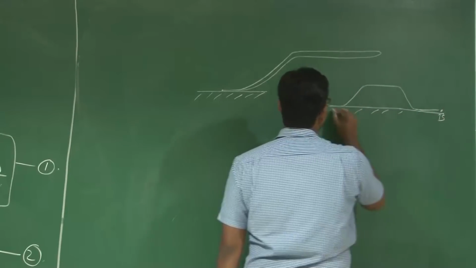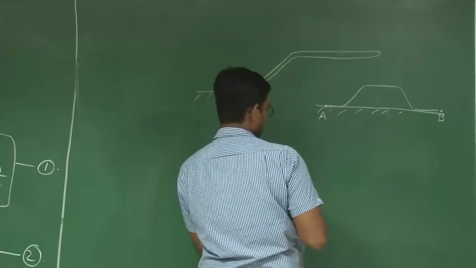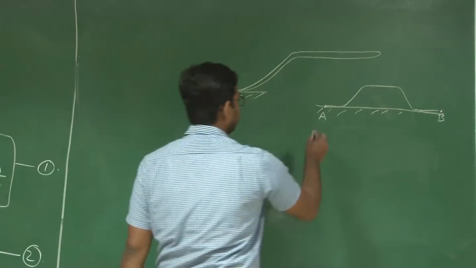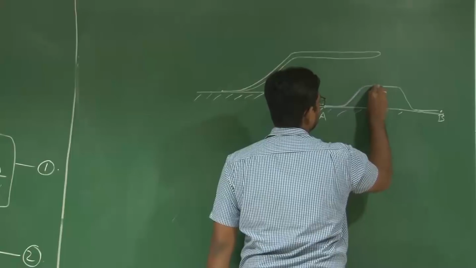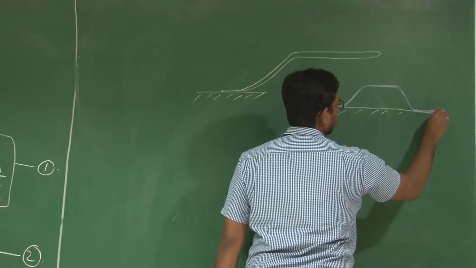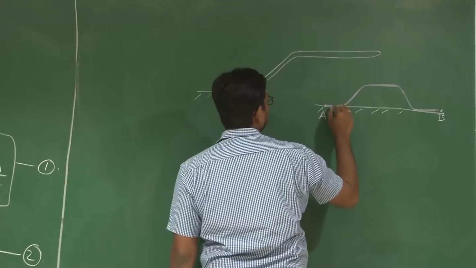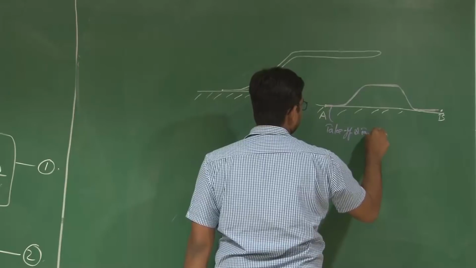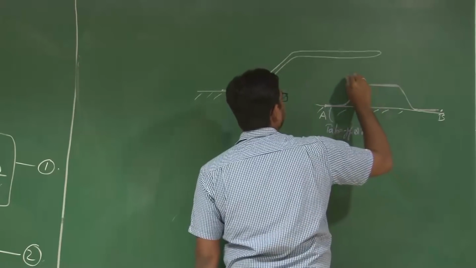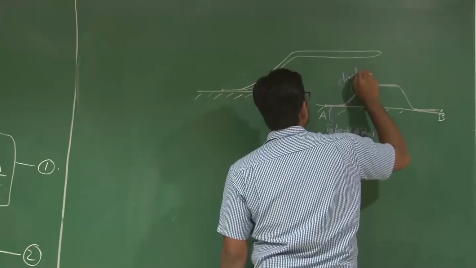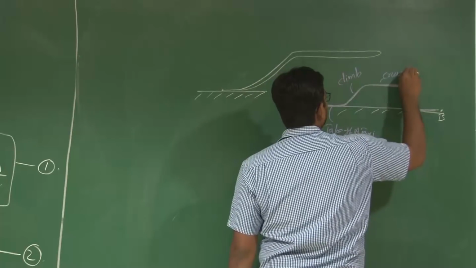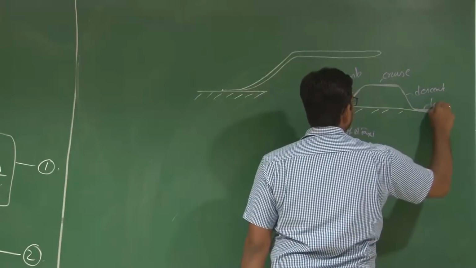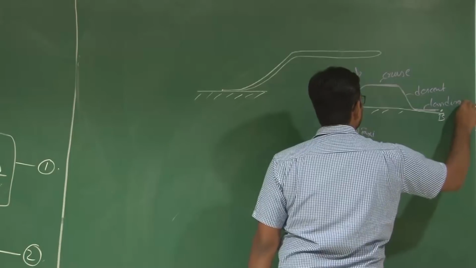Say this is your point B, this is your point A. So if you want to send this UAV to another location, which also involves a takeoff and taxi, climb, cruise, descent and land.